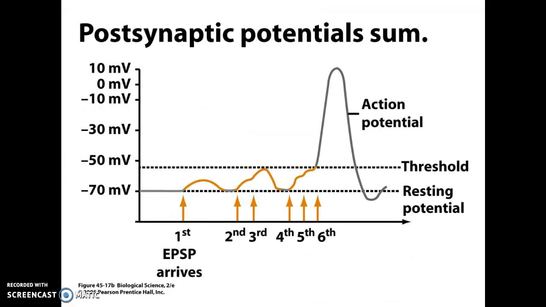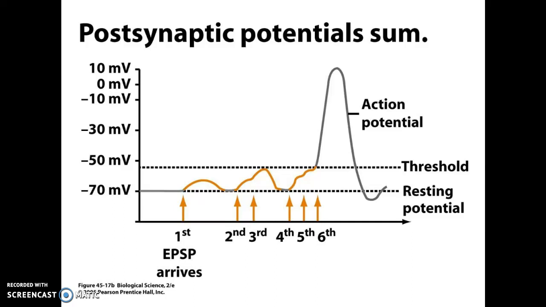We've got excitatory postsynaptic potentials being summed. Maybe they will reach threshold, maybe they won't. But if at the axon hillock the threshold potential is ever reached, then we have the action potential, which is the sodium and voltage-gated sodium channels opening, causing the rising phase, voltage-gated potassium channels opening, causing the falling phase.